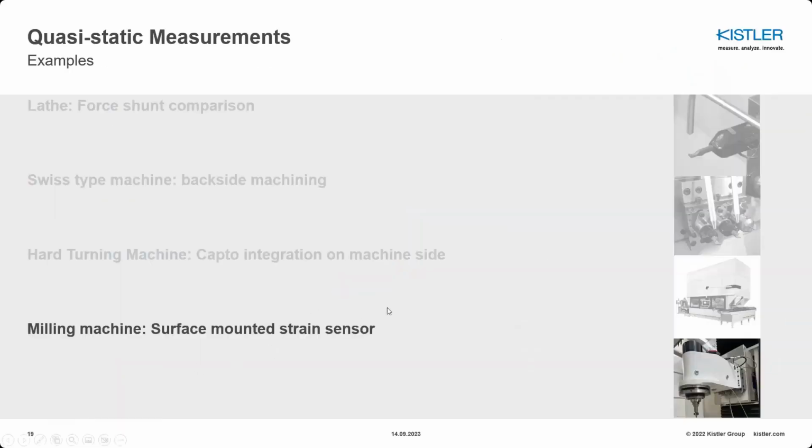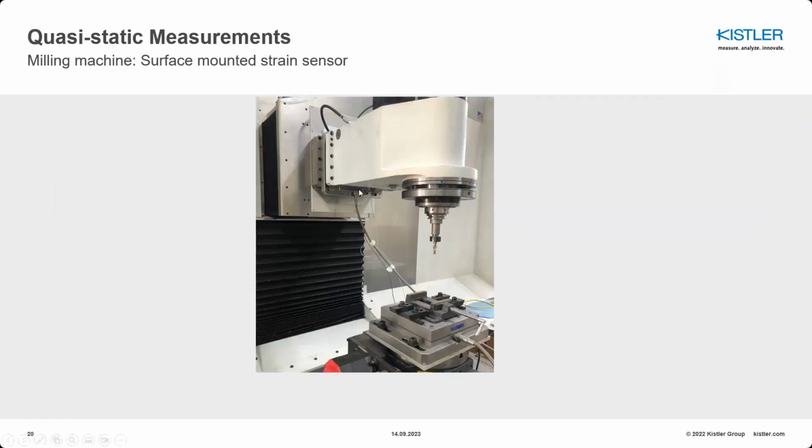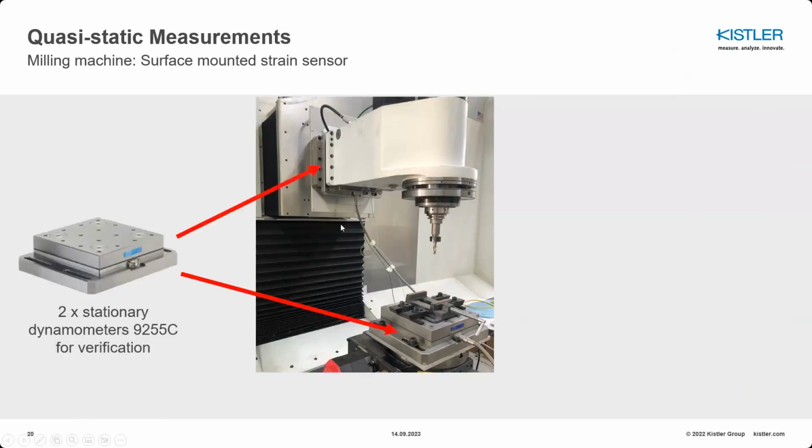Now we are moving into the milling machines instead, so leaving the turning, but we are using exactly the same strategy. In this case, we are cooperating with our machine builder, Lagoon Machine Tools, for instance. In this setup, we are demonstrating that we can even use our stationary dynamometers that are used for research.